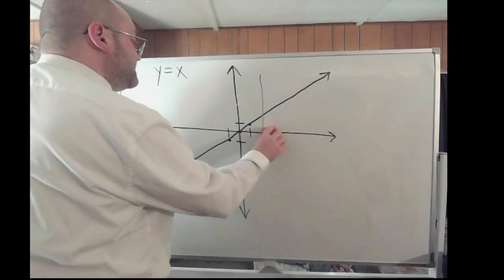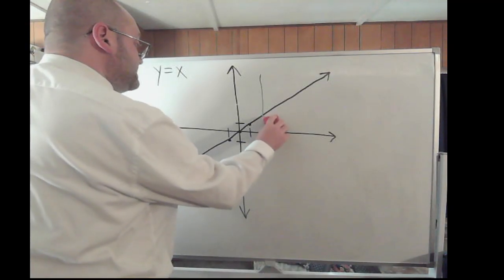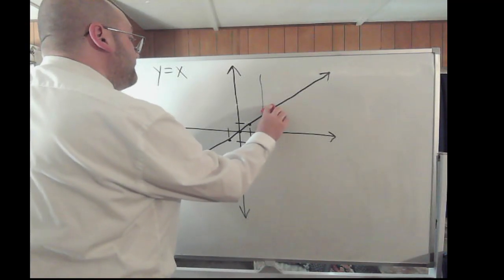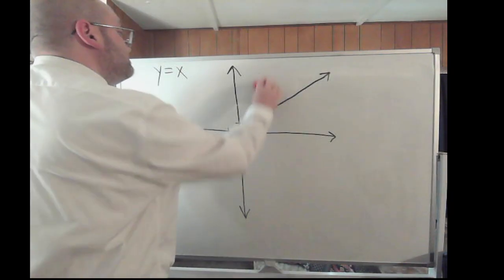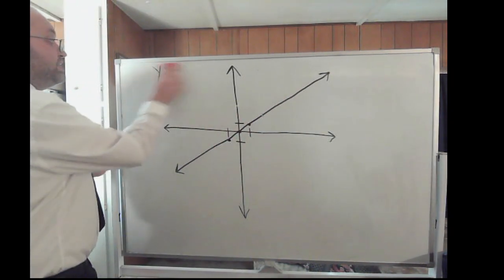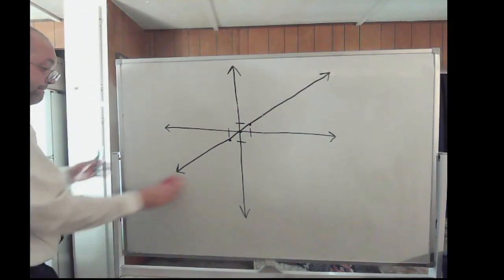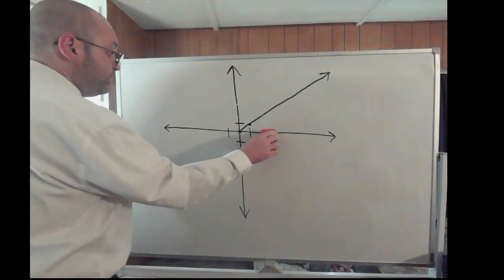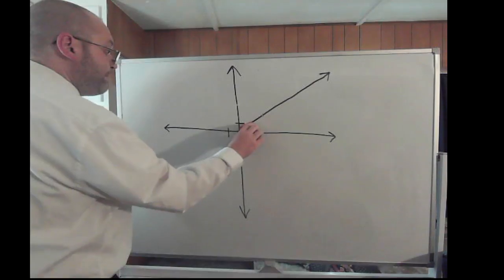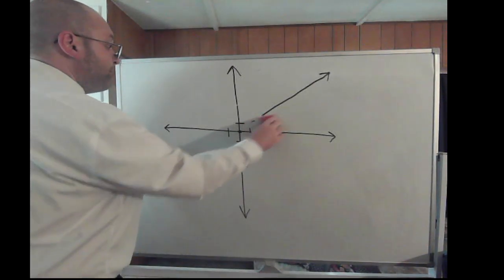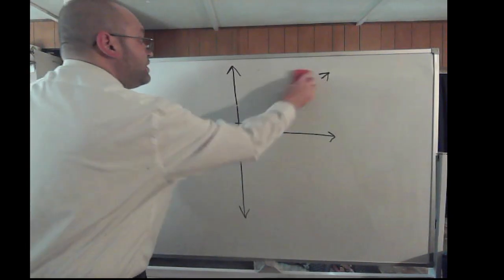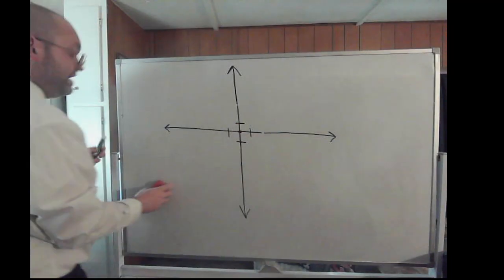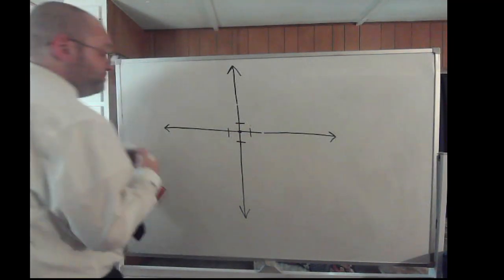So if it intersects at one and only one point, this is in fact a function. And you could draw as many vertical lines as you want through this, it'll keep coming up a function. So that's something to keep in mind here.